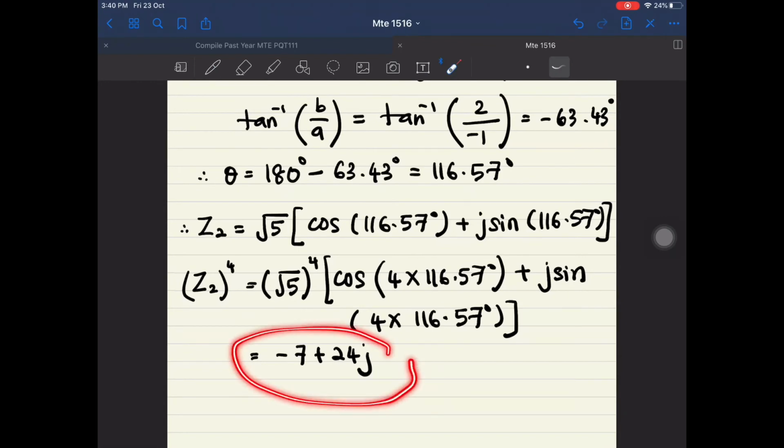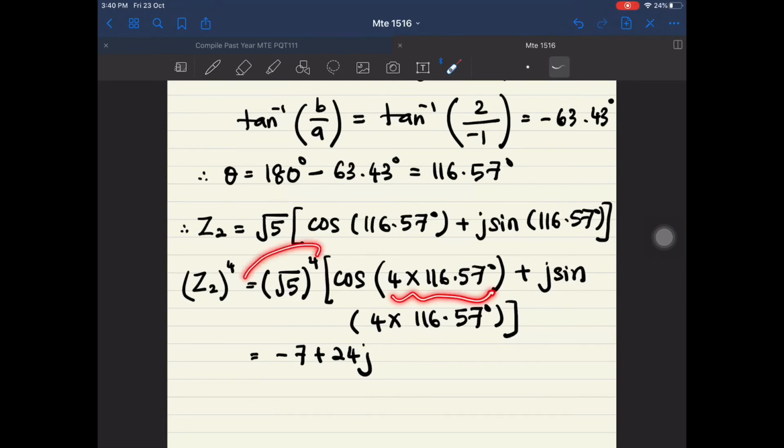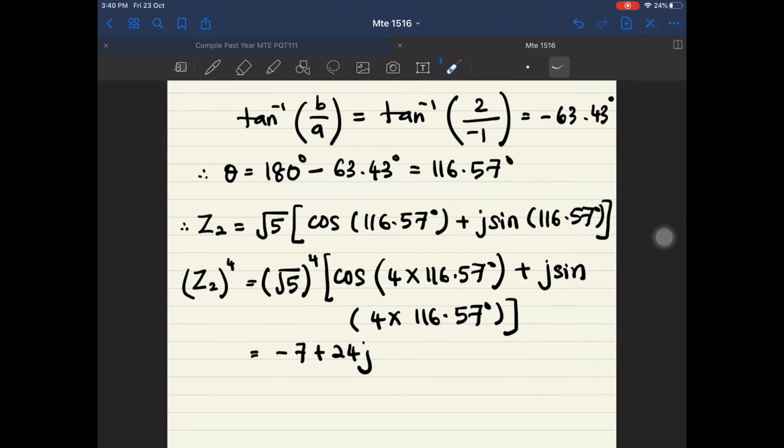For you to get in this form, what you need to do is 4 multiplied by 116.57. Press your calculator, cos of this angle multiplied by this one will give you -7. Sine of this angle multiplied by this one will give you 24.